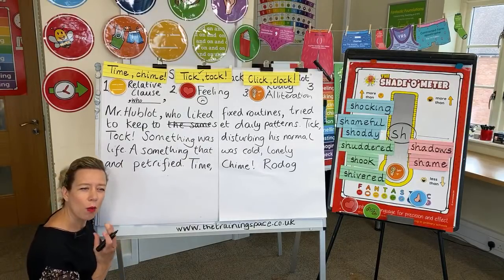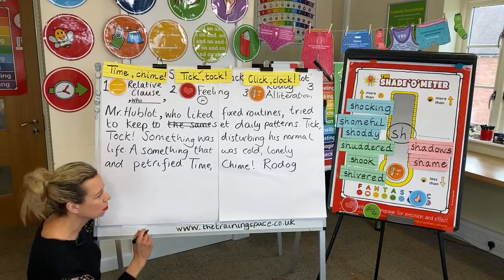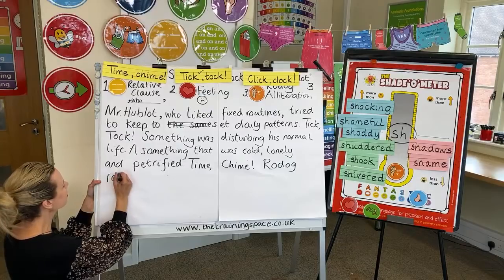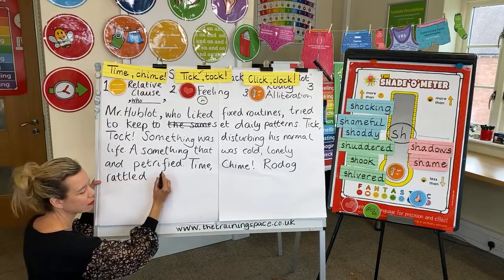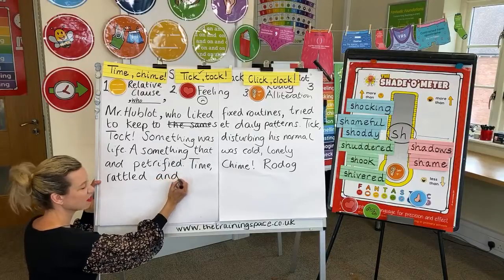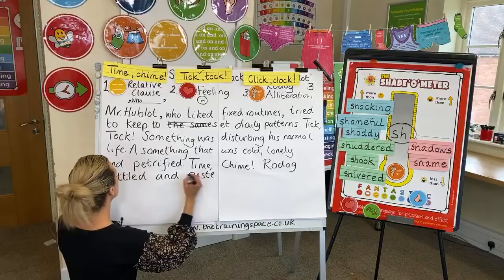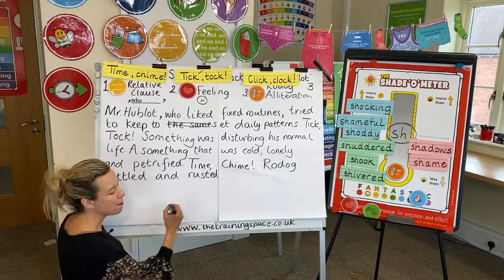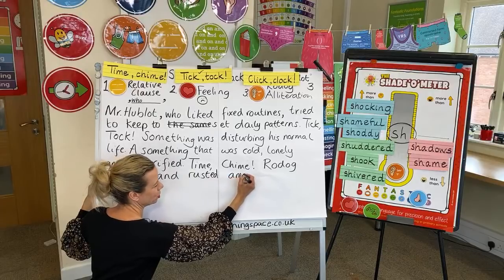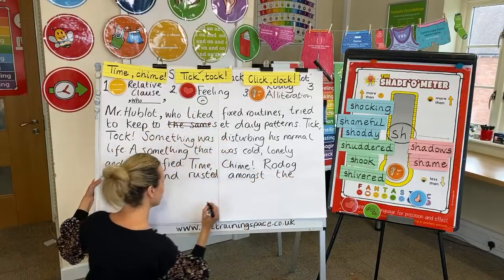Road dog, I want a word that shows he's shivering and he's metal. Oh, rattled. Road dog rattled. Road dog rattled and rusted because it's raining and he's metal. Road dog rattled and rusted amongst the rubbish.